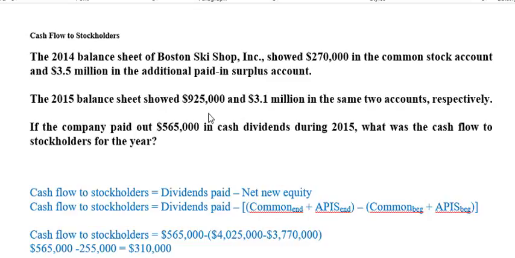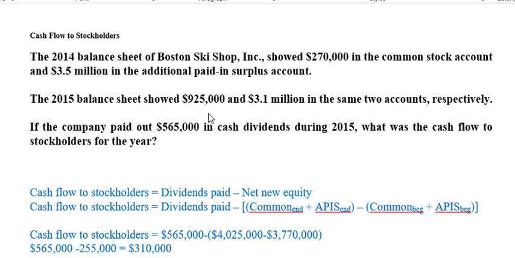Well, the way we do it is we look at our dividends paid minus the net new equity. Notice that net means we are going to subtract something. So we're going to subtract 2014 from 2015. So the common stock end, which would be 2015, would be $925,000 plus the money in the account, $3.1 million.